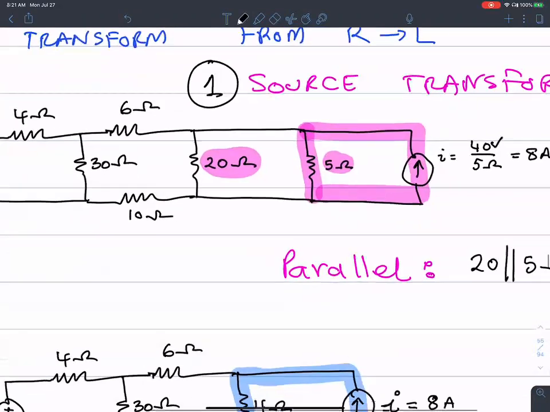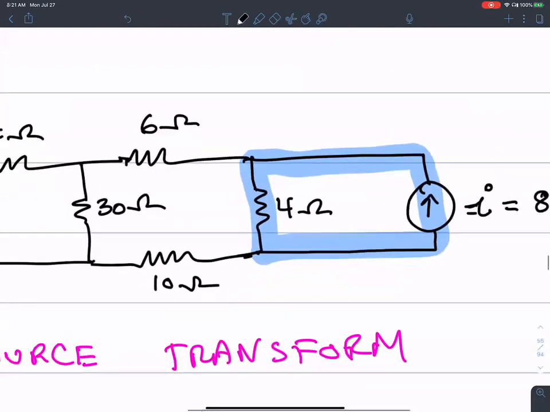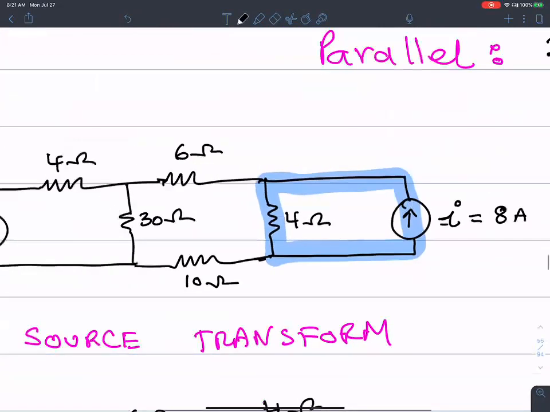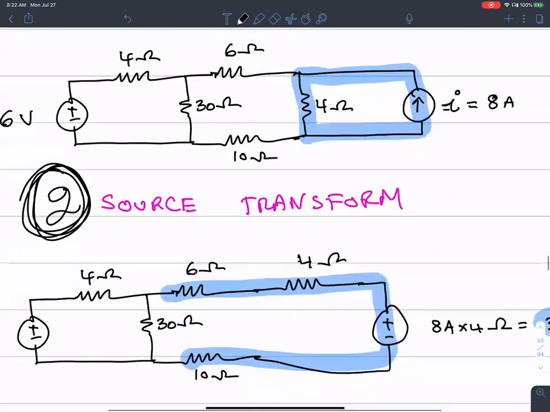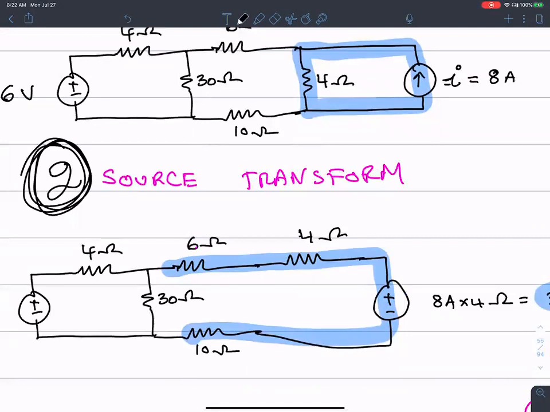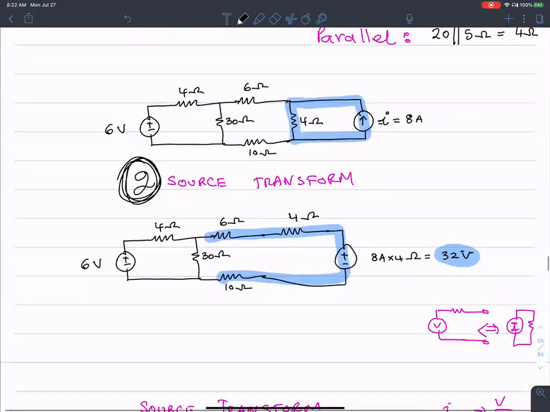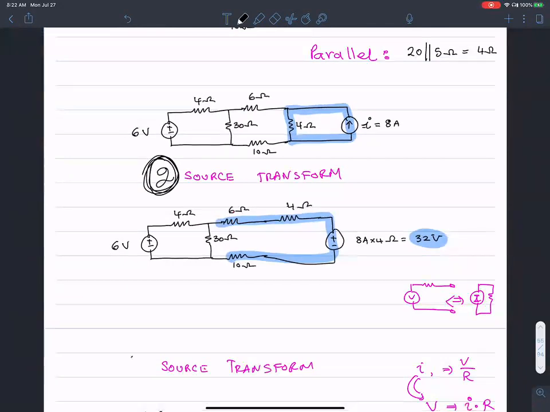Okay, then I look at the blue circuit over here, and now for a second time, I apply source transform. Convert this current source on the extreme right with a parallel resistance into a voltage source with the same resistance, 4 ohms in series. Then I apply series combination and apply a source transform the third time.